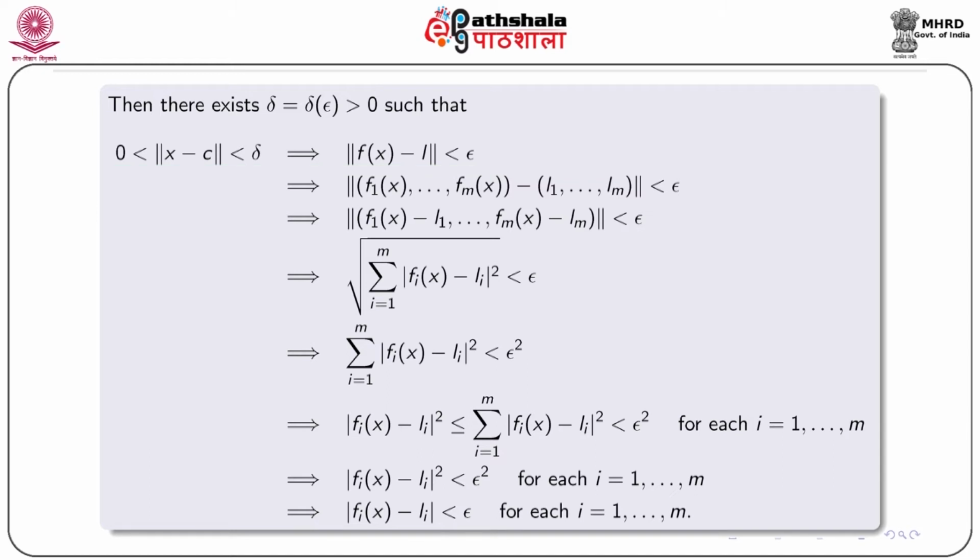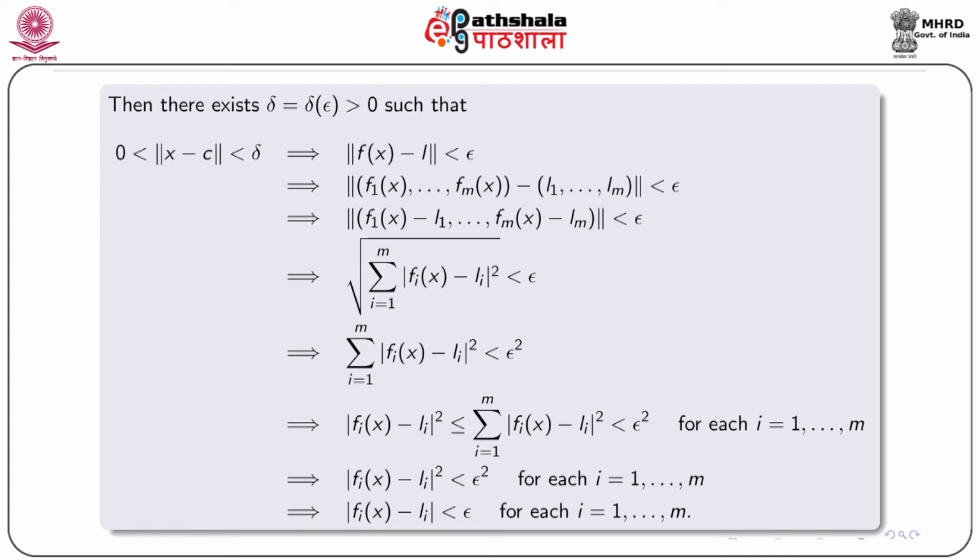In the next line, we write the components of f as well as L, that is, we have the norm of the vector with components f1(x) minus L1 up to fm(x) minus Lm less than epsilon.